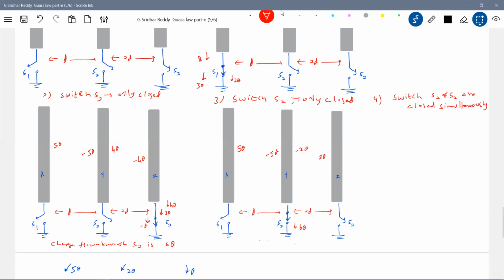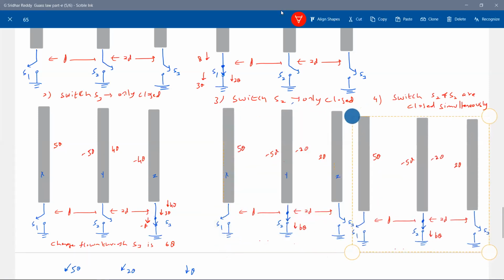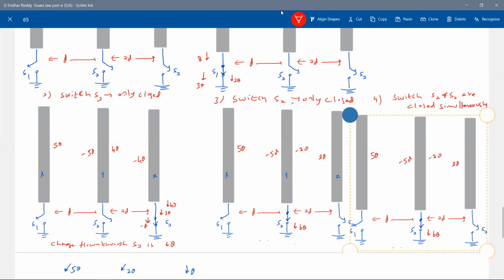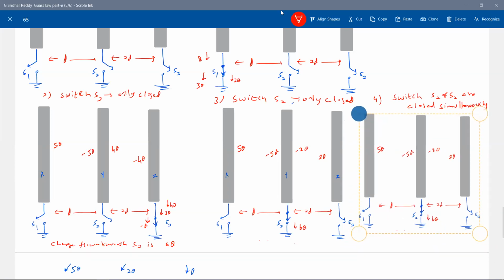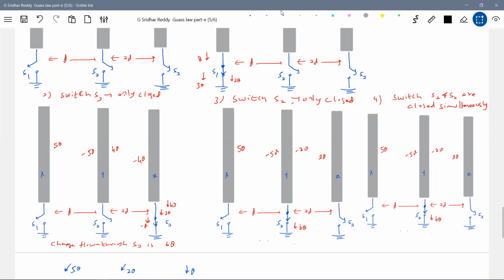There's one more last case, very important. Again, why take one more problem? We can save time. S1 is open. I'm going to close these two. I think these distances are of no use. Anyway, let it be.